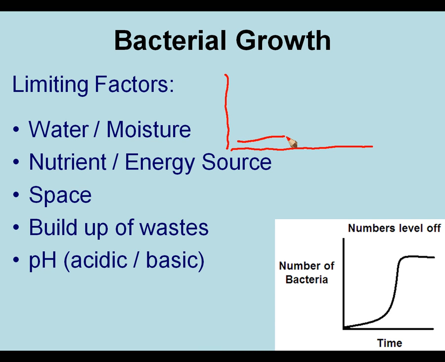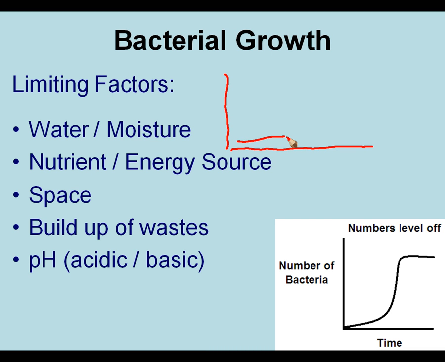So in the lag phase, the bacteria are adapting to the new conditions, and what that essentially means, for instance, let's say there's an abundant supply of a certain nutrient or food source. Well, before the bacteria can start actually using those nutrients, they're going to have to start making some enzymes.